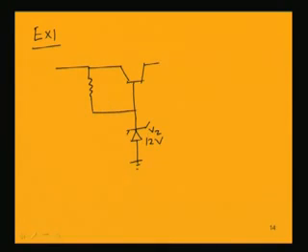It has this transistor. I am again taking up the first circuit that we discussed, having a Zener diode of 12 volt, and this resistance R is 220 ohm.